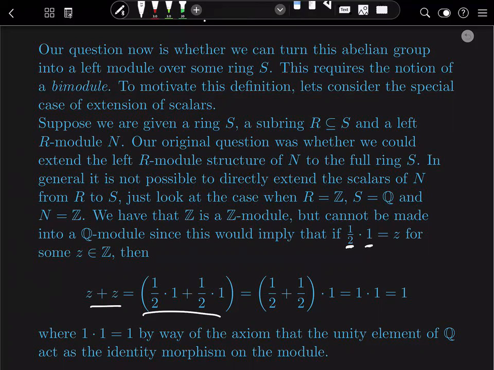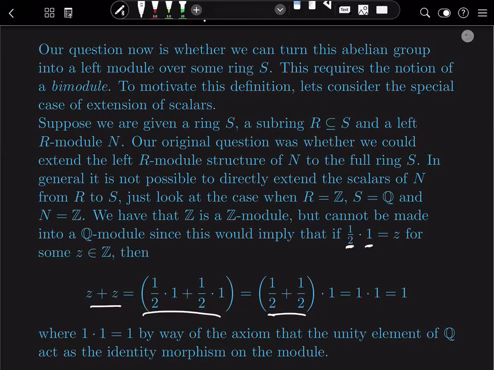From the module axioms, we could distribute the action out from the right, because we have this left distribution over these sums in the ring. So we get 1/2 plus 1/2 acting on 1, and then we have 1 acting on 1, and we know that the unity element of a ring acting on any element of our module acts as the identity.